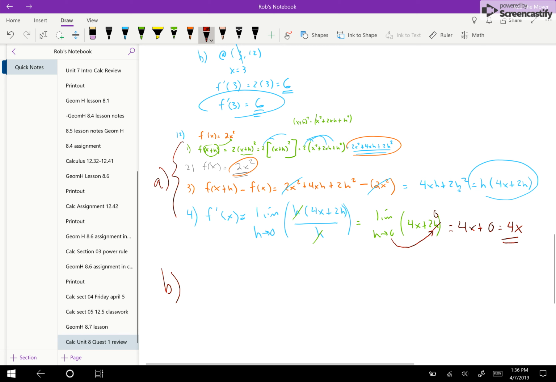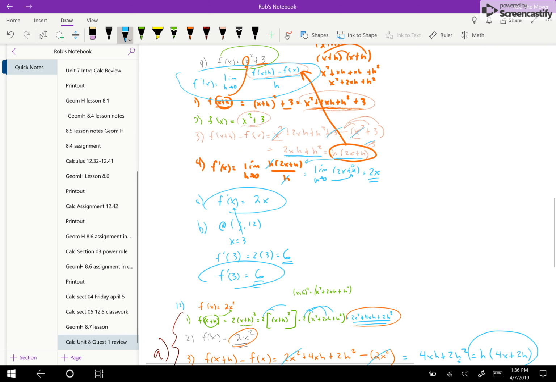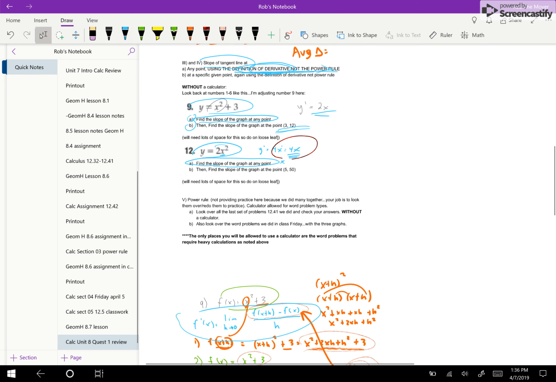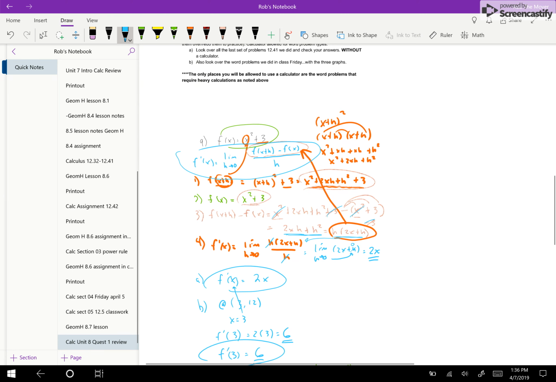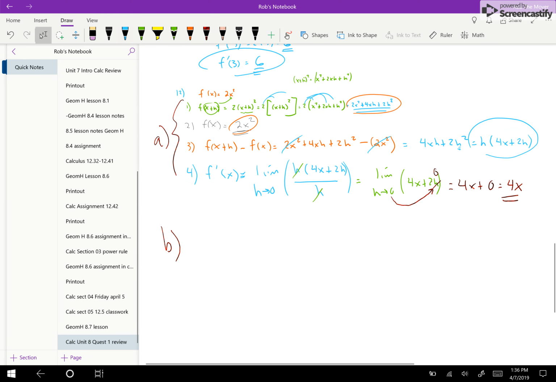Part B is to actually find the slope at a point that I've given you. The point is 5 comma 50. Okay, the point at 5 comma 50, which means that x equals 5 there. Now, f prime of x, let me write it out, is 4x. It's what we found there at the end of line 4.